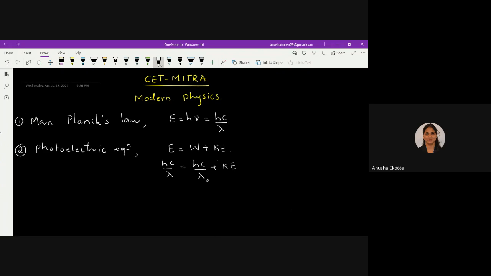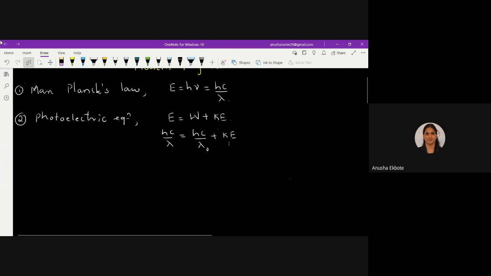Whenever you are using these equations to solve the questions at the faster rate, what we do here is we will find out this hc value and try to remember. So we know that h value is 6.63 into 10 raised to minus 34 joule second, and also the velocity of light is 3 into 10 raised to 8 meters per second.